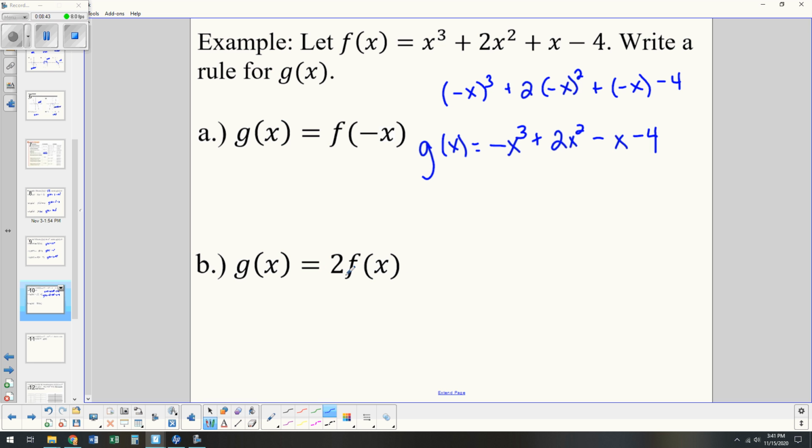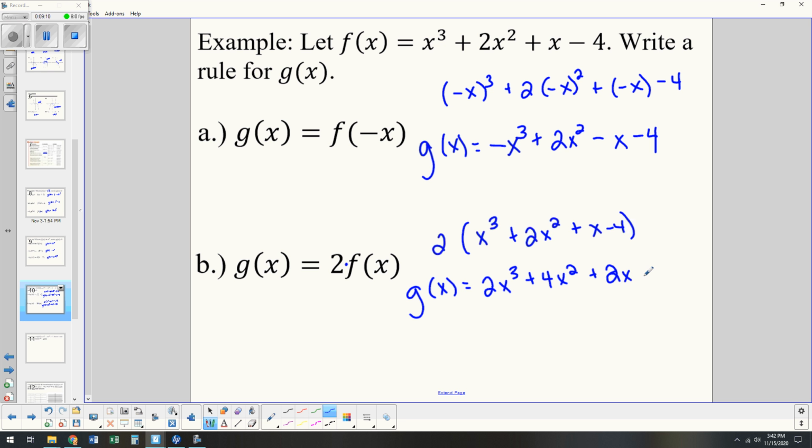For b, they have a 2 on the outside, 2 times f of x. So that means we're going to do 2 times the entire polynomial. If the 2 was in here, that means I'd be plugging in 2, but this means 2 on the outside, 2 times everything. So my g of x in this case is going to be 2x cubed plus 4x squared plus 2x minus 8.